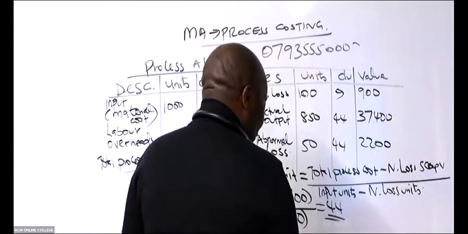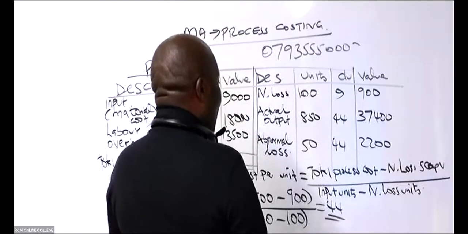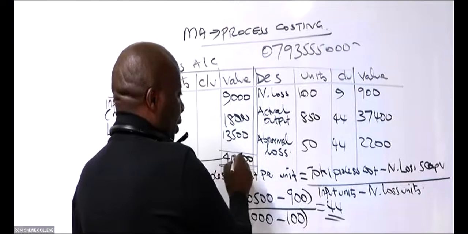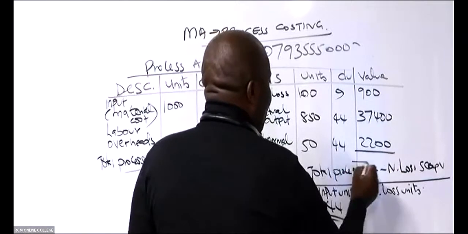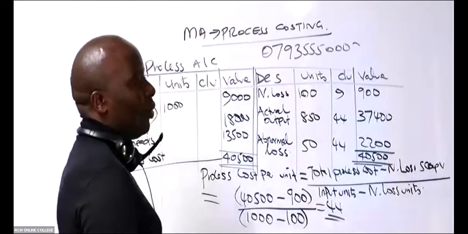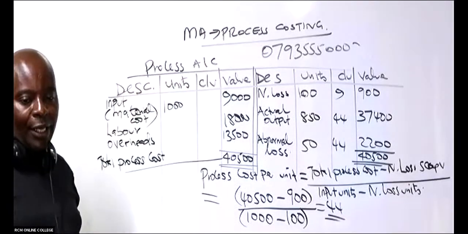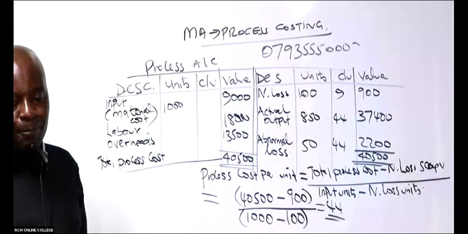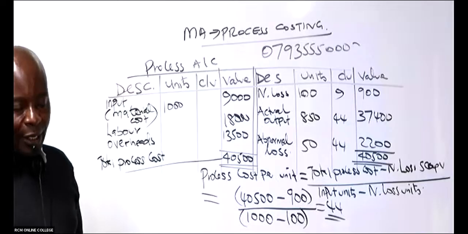And you can easily mark for yourselves because this account has to balance. You have told me that this is 4,500, so if you are correct, when you add this side, we should also be able to get 4,500. Is that okay, ladies and gentlemen? Great, thank you so much.